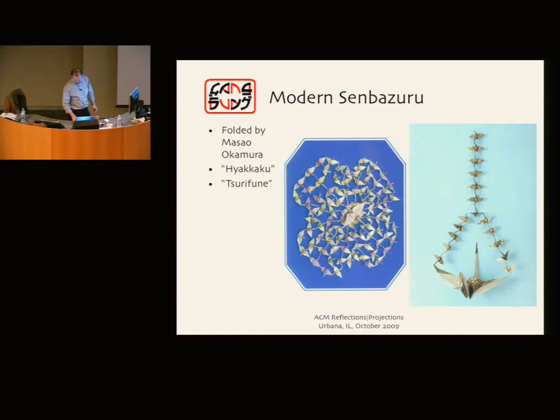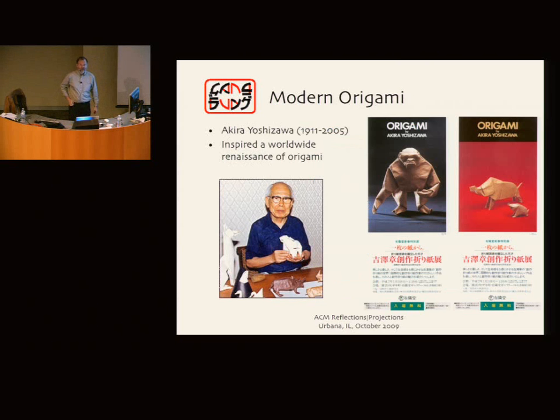And we can blame that on this man. Akira Yoshizawa, widely known as the father of modern origami, Japanese master, took up his country's folk art, origami, and began creating new figures. And he created hundreds and thousands of new figures, figures of great beauty and life. And his work inspired a worldwide interest and a renaissance in origami.